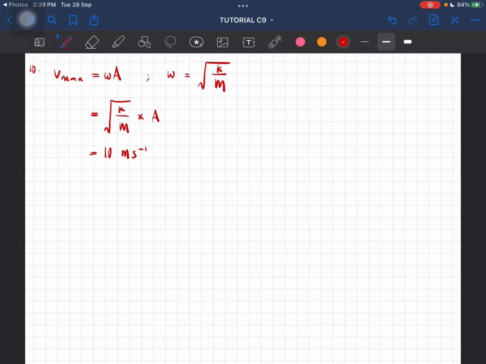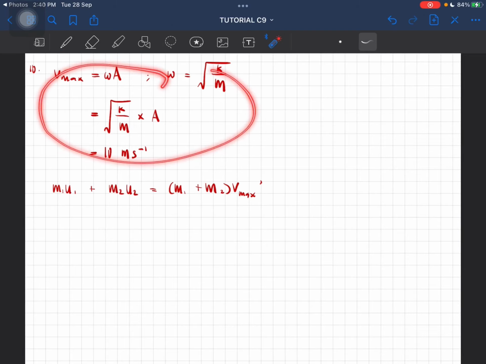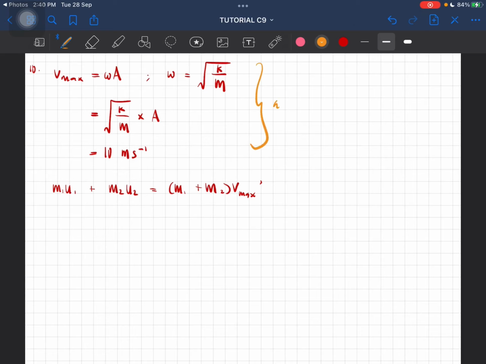Okay, so now we are applying the principle of conservation of momentum for an inelastic collision, which is M1 U1 plus M2 U2 equal to (M1 plus M2) V. I'm just going to put a prime here so it doesn't get confusing. Vmax is as it passes through the equilibrium point, at x equal to 0.